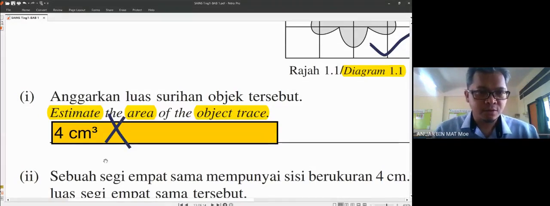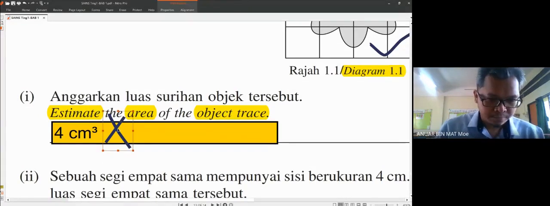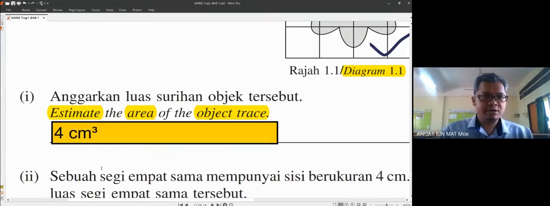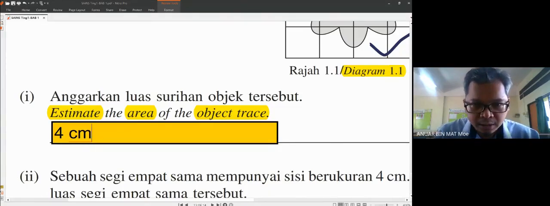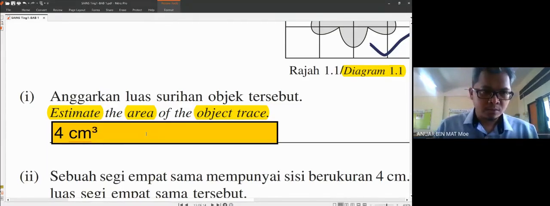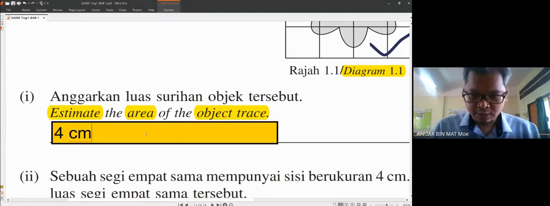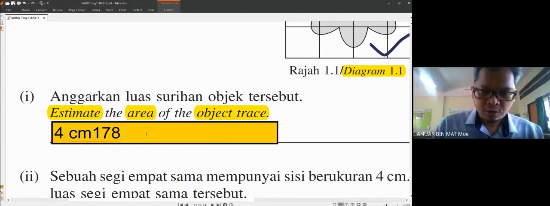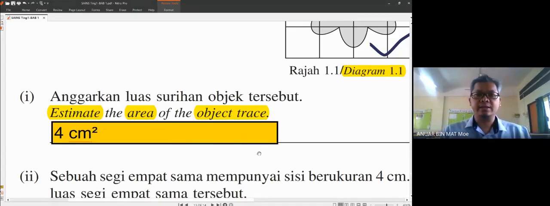Is it okay? You can understand this. So 4 centimeter cubic is wrong. The actual answer is 4 centimeter square.